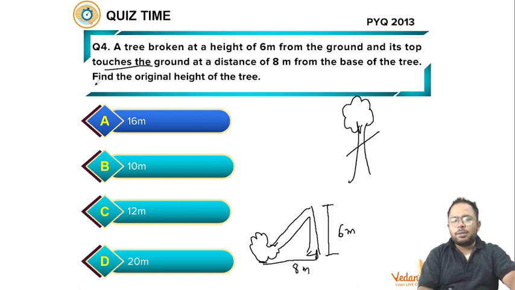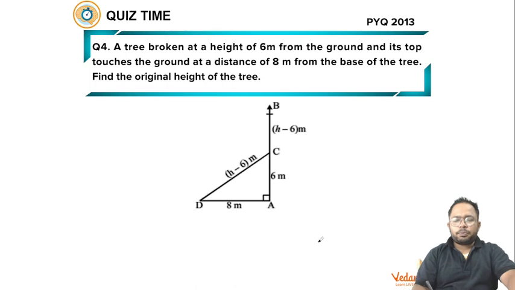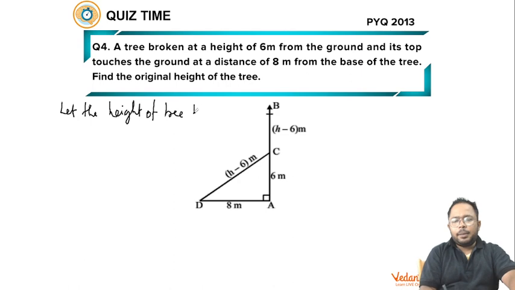So what we have to do is find the original height, meaning the total height. Let the height of the tree be h.